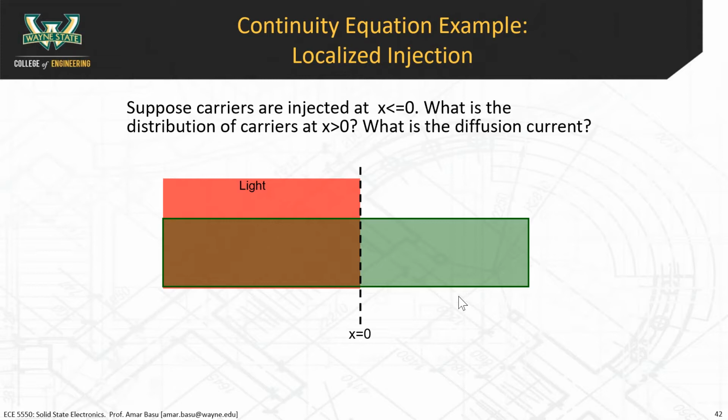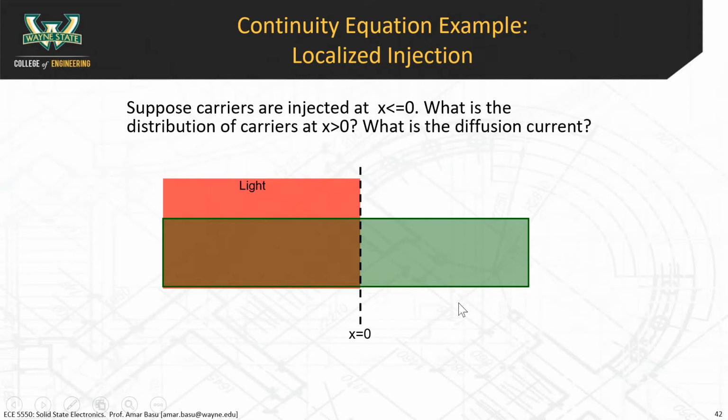Diffusion is happening on the right side of the material because we are creating a whole bunch of carriers here. So there's excess carrier concentration here, a high concentration of carriers on this side and a lower concentration on this side.